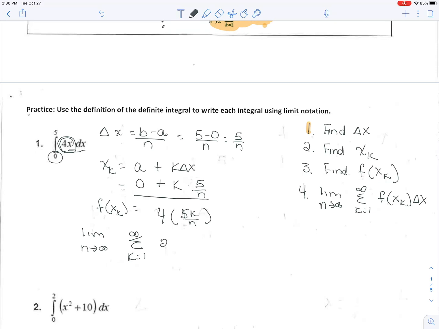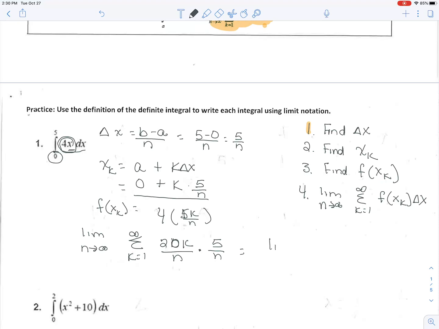So that's f of x_k times delta x. So f of x_k is 20k over n. I just multiply 4 times 5 times delta x, which is 5 over n.